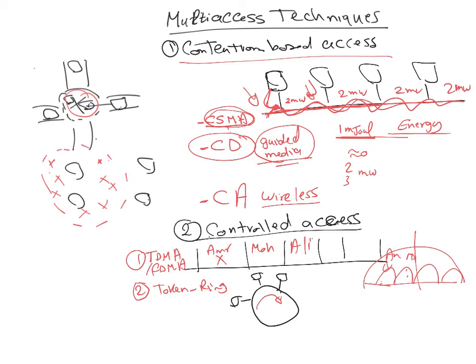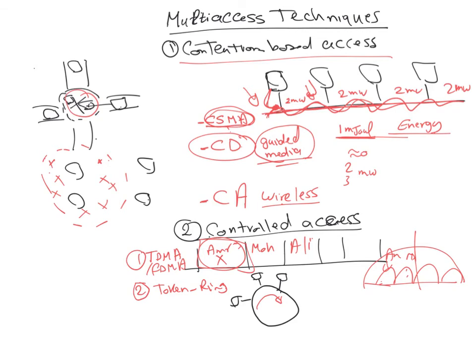So that's the controlled access. In controlled access, we eliminate collision altogether. We don't have to detect collision because it does not happen, which is all good. But the problem is that for TDMA, for example, if Amr does not have any data to send, then this time is wasted because it is only assigned to Amr.